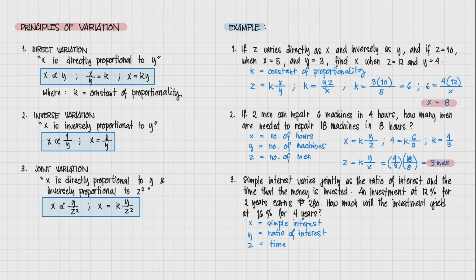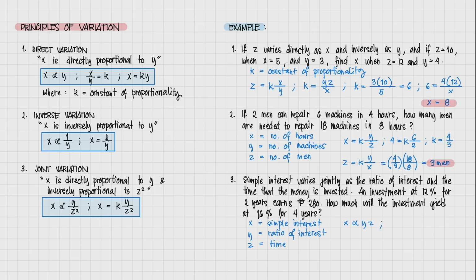From that statement, we can now use this formula. It says that our X varies jointly with our ratio of interest Y and our time invested.